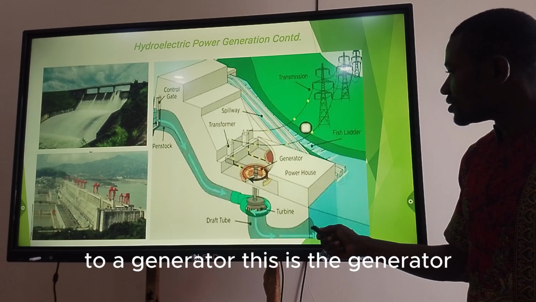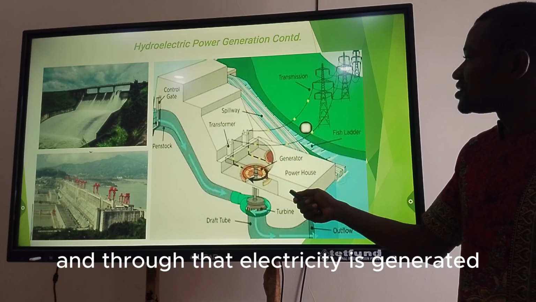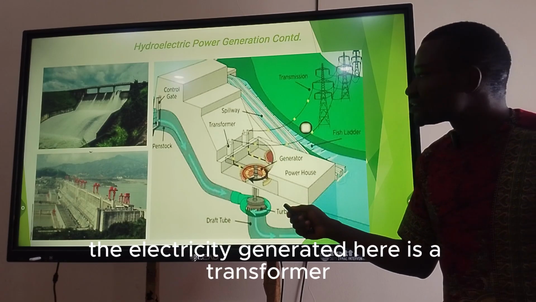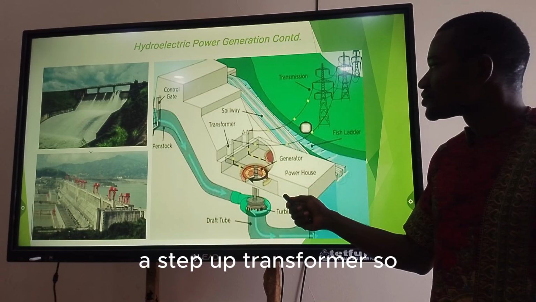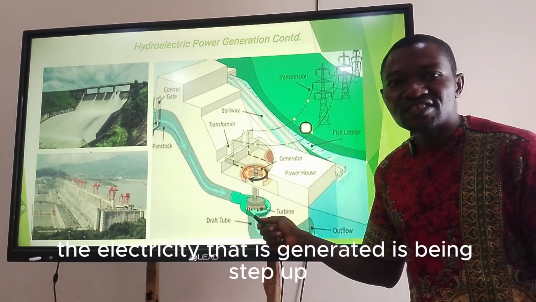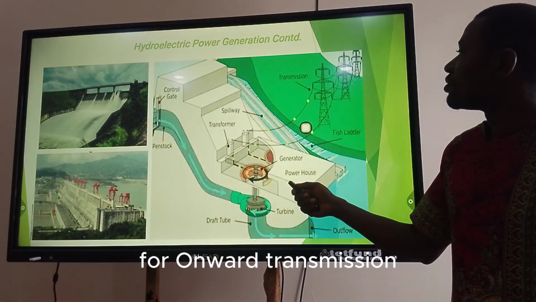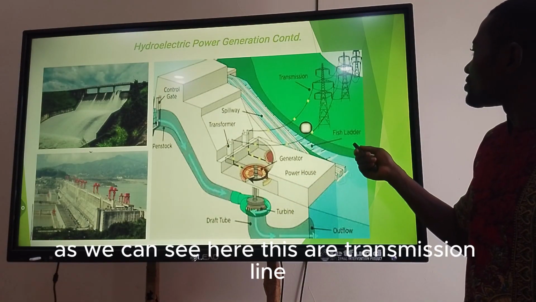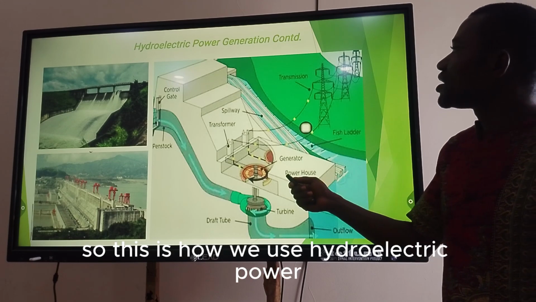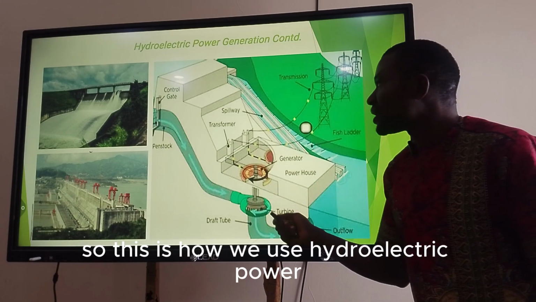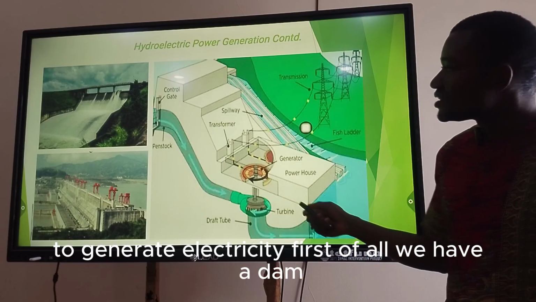This is the generator, and through that, electricity is generated. The electricity generated goes to a transformer, a step-up transformer, so the electricity is stepped up for onward transmission. As we can see here, these are transmission lines.